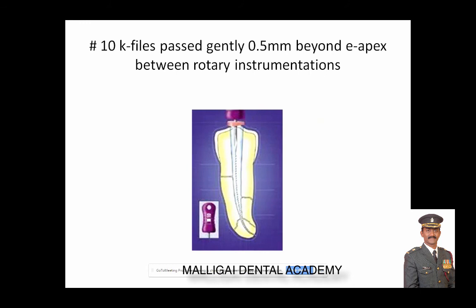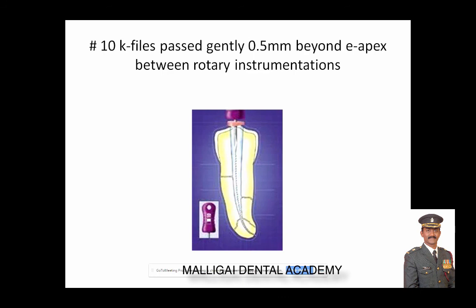It simply keeps the area between point A and point B of the earlier image patent, or clean. This is the area where the debris created by rotary instrumentation may go and block. Once you block the critical apical third, or the critical apical 1 millimeter, with your own debris created by a rotary instrument, you have already lost your working length, and it's very, very difficult to then find your portal of exit.